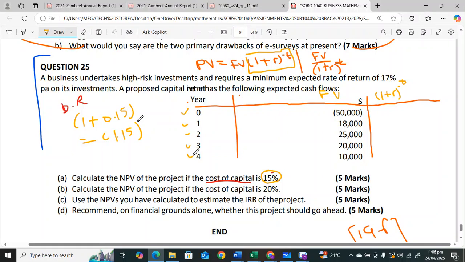The only thing is, that's the discount rate. The cost of capital is used as your discount rate for investment appraisal.